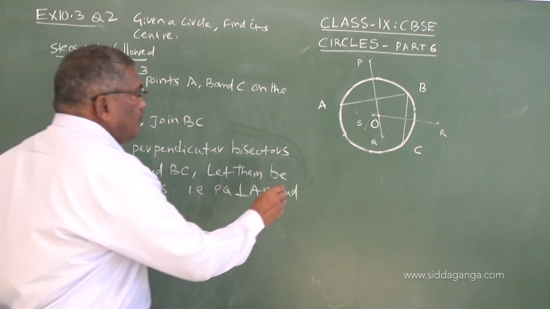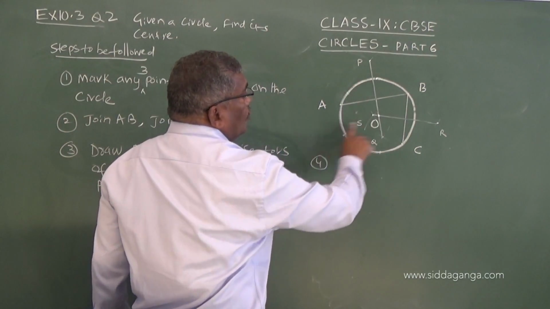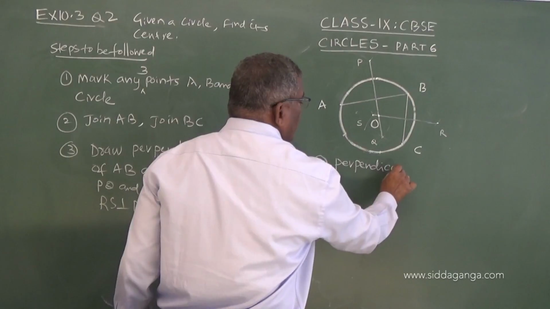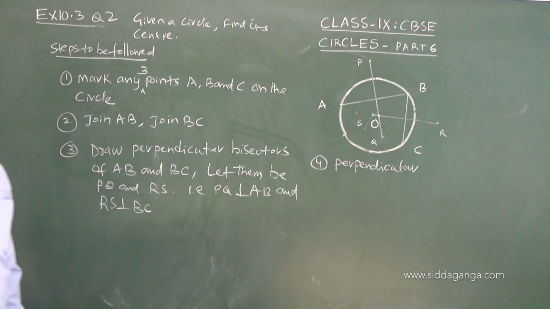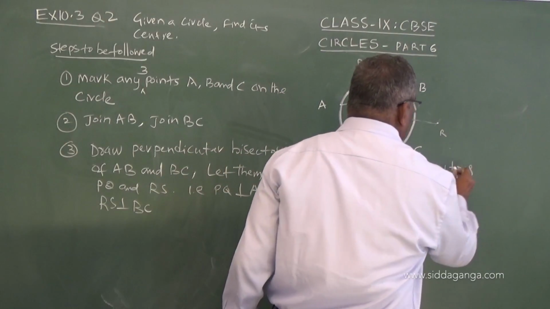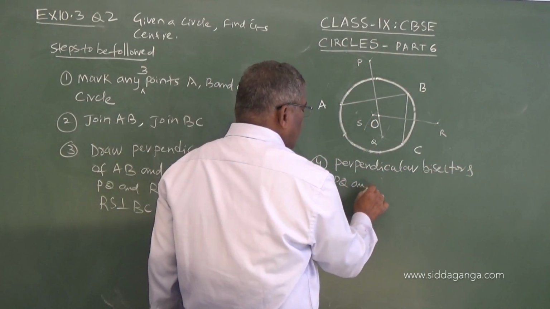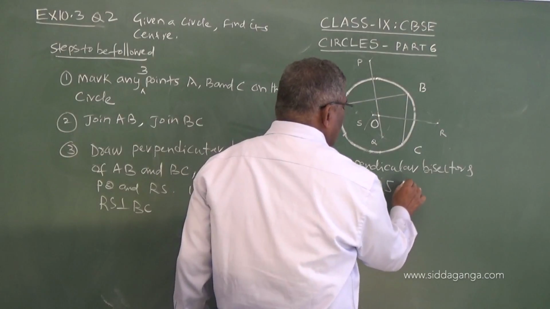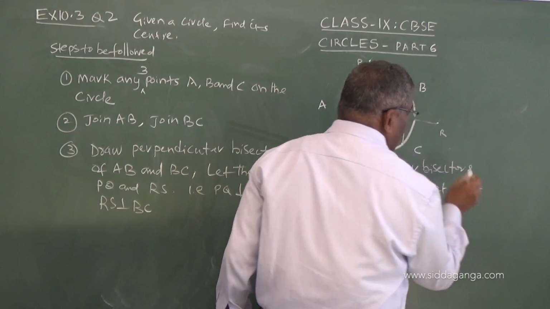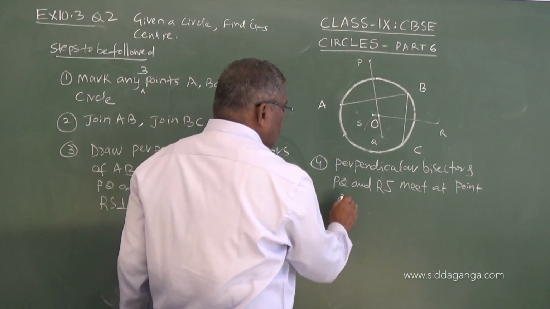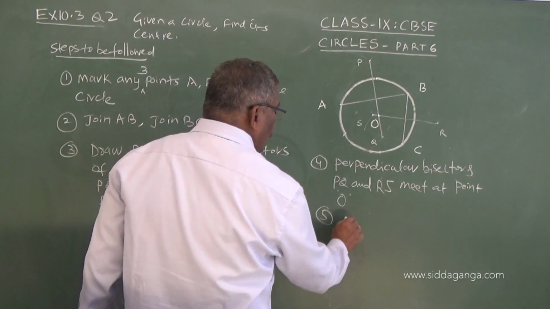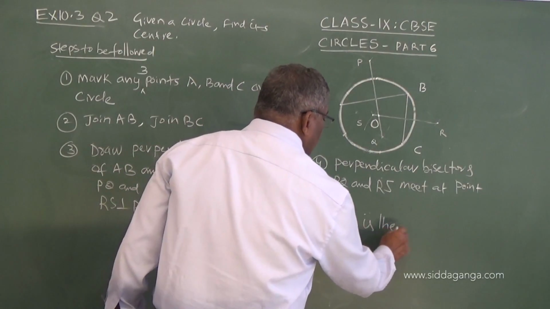Next point is an important point, the fourth one: the perpendicular bisectors PQ and RS meet at point O, and finally, O is the center of the circle.